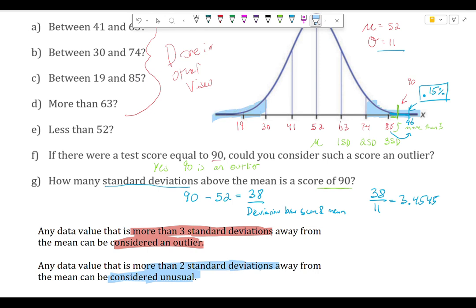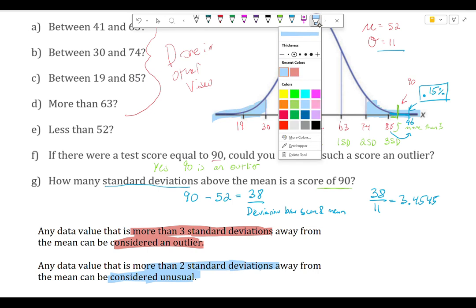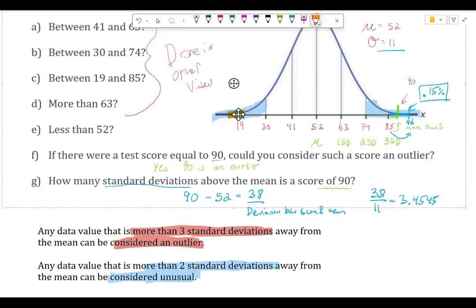Anything more than 2 standard deviations would be in the very small portions of the graph. Anything more than 3 standard deviations will be in even smaller tails here. So very little of the distribution would be in those tails.